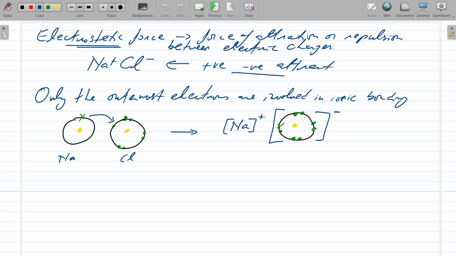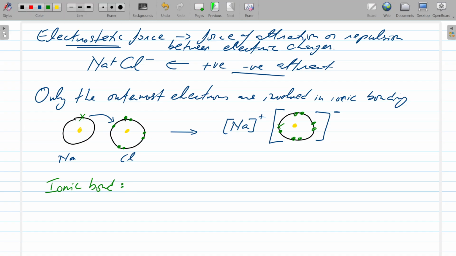Okay, so this is called ionic bonding. The book gives you the definition of an ionic bond, pretty much what I've already told you.